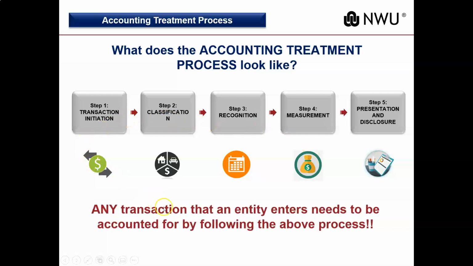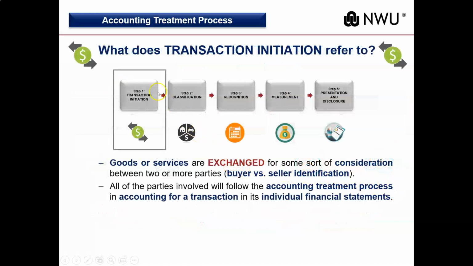Any transaction that the entity enters into needs to be accounted for by following steps 1 to 5. And that is the accounting treatment process, guys. If we break it down a little bit further, number 1, transaction initiation, means that some goods or services were exchanged for some kind of consideration between 2 or more parties.